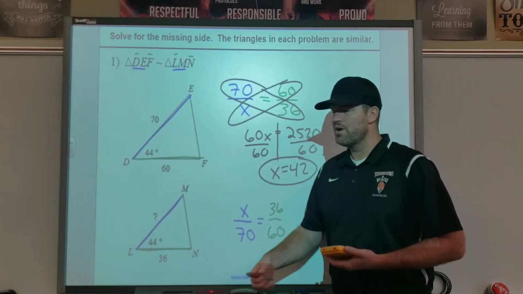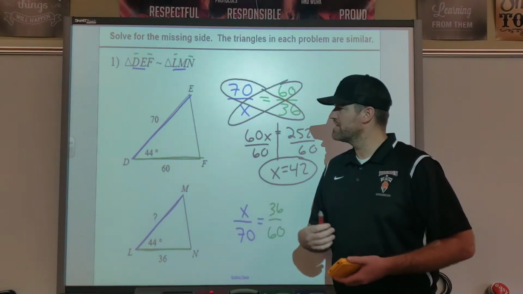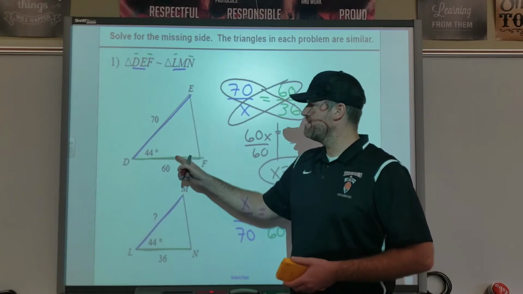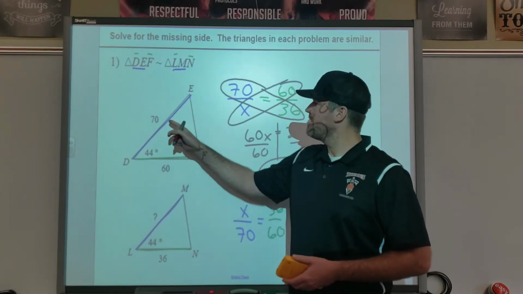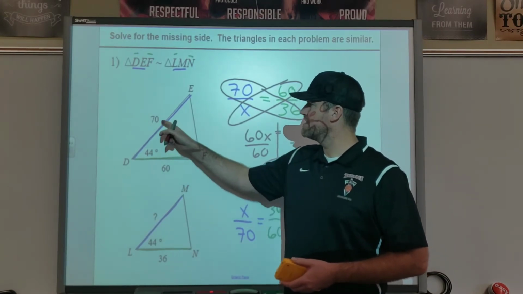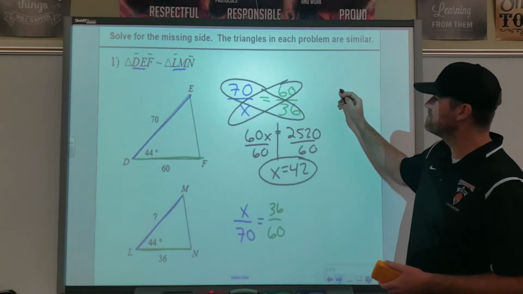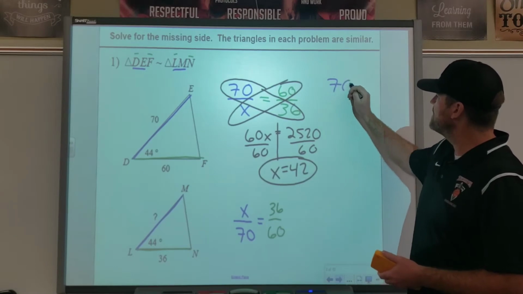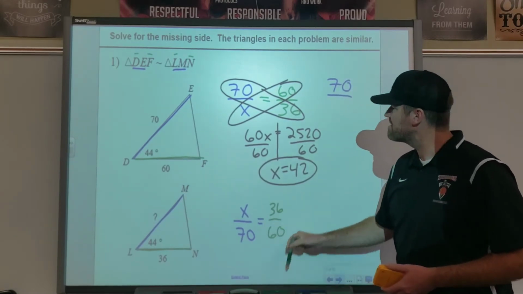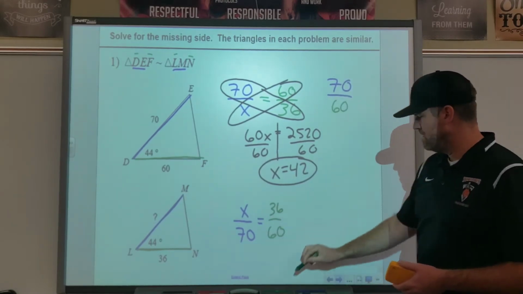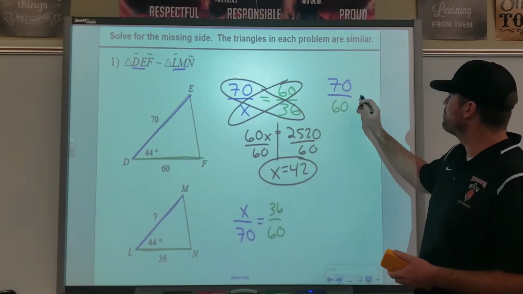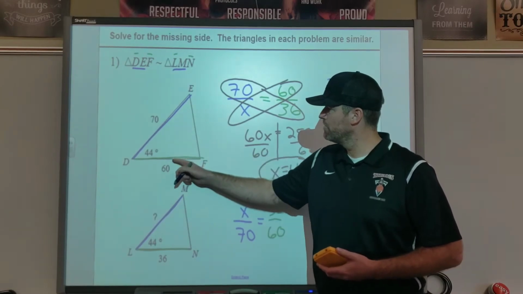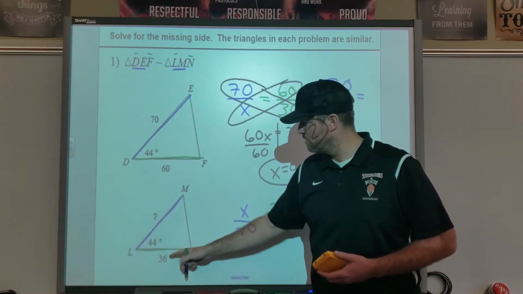Now, one additional way you can do this, and I actually end up doing this a lot, is I can make a proportion out of the two sides from the same triangle. So I can do blue over green. I can do 70 over 60. So I guess I'll keep it color coordinated here. 70 over 60. And I need to make sure that I use the corresponding sides for my second one. So since I went blue over green, I will go blue over green.